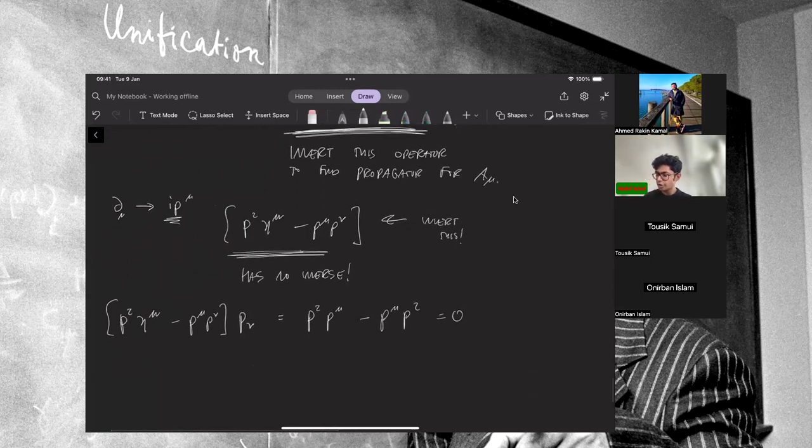In other words, this operator has a 0 eigenvalue. In fact, it has many 0 eigenvalues. And an operator with a 0 eigenvalue cannot be inverted because everything in that direction is killed. And so this is terrible. It looks like we can't invert this operator.